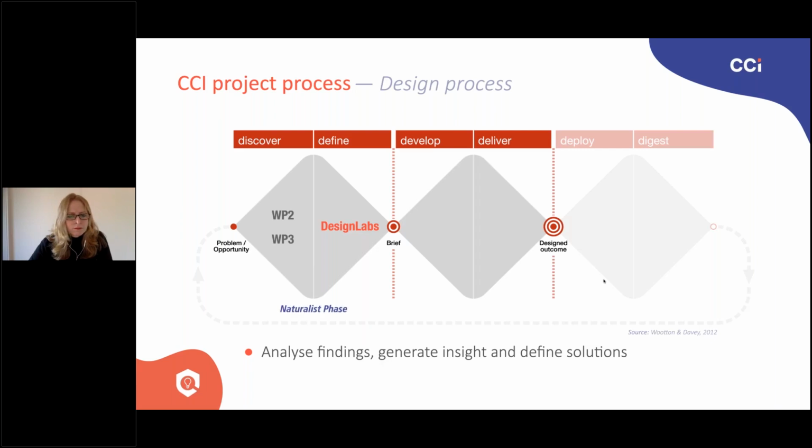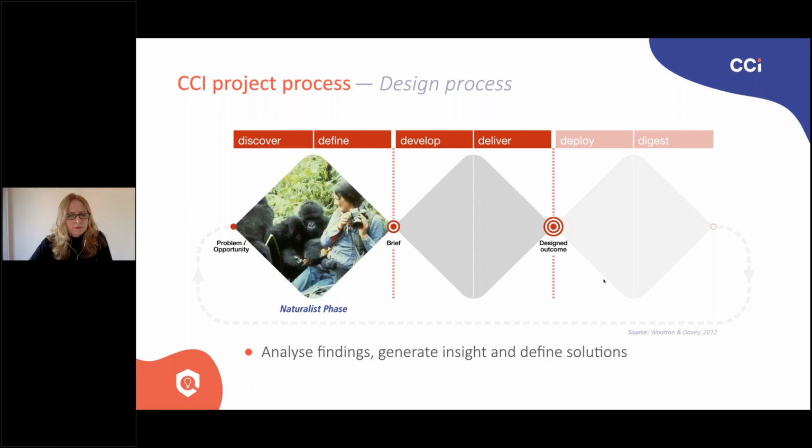This early phase, the discover and the define stages, is sometimes referred to as the naturalist phase in human-centered design, because this is where you're acting like Diane Fossey as a naturalist, going in and trying to really look at what's going on the ground. This is not about people telling you what they want you to hear about what they're doing. A lot of the time, this is about observing what's actually happening at the front line, as it were.